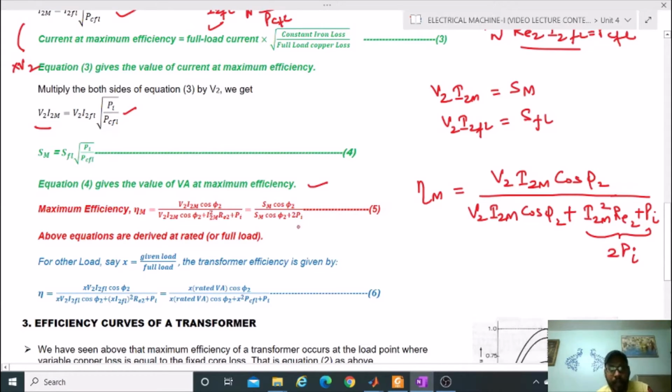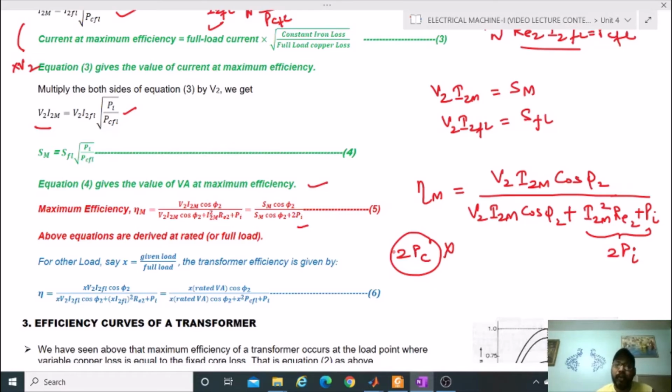Now a point to be noted here is that many students make a mistake here: instead of 2Pi they write 2Pc, which is wrong. Why? Because Pc is a variable quantity and Pi is a constant quantity. Maximum efficiency will occur when the copper loss becomes equal to the iron losses.